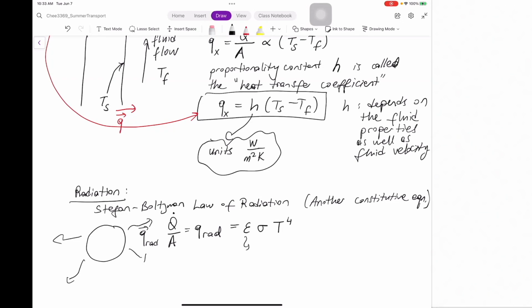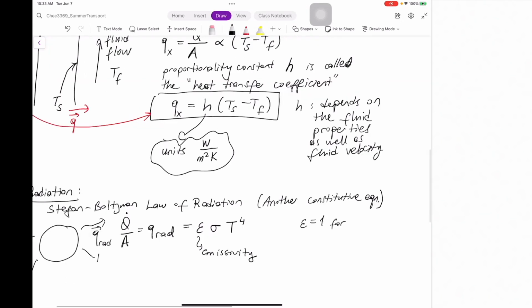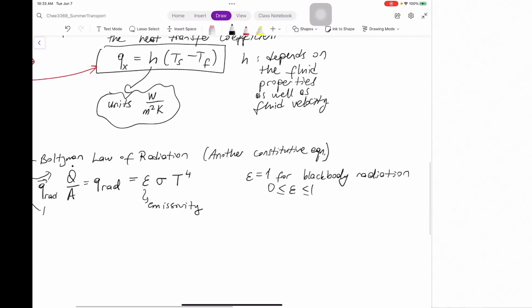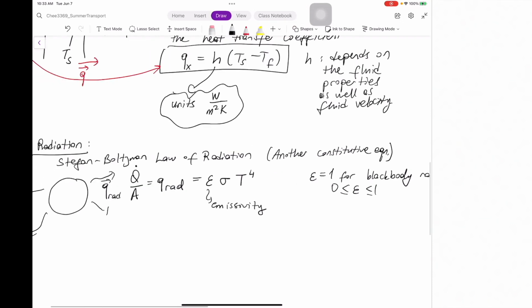Epsilon, as we know, is the emissivity. And epsilon is equal to 1 for black body radiation. Well, actually, generally for most materials, epsilon varies between 0 and 1. And the most perfect condition is when epsilon is 1. It's called black body radiation.